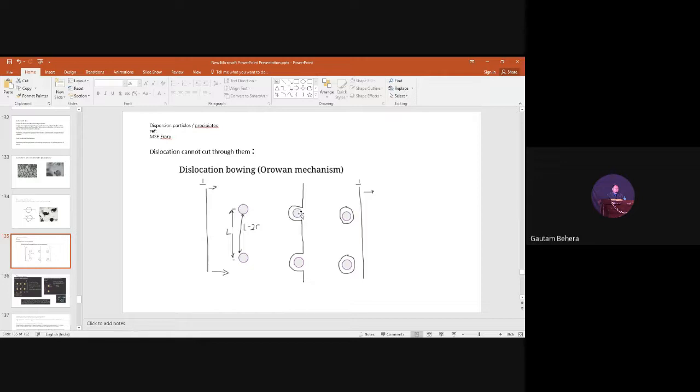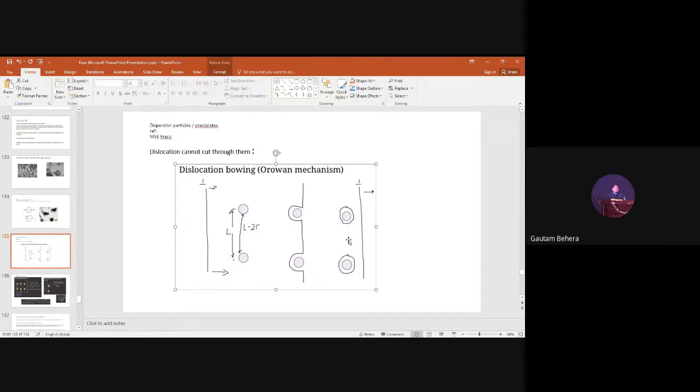The particle size is bigger, so the dislocation is bowing around the particle, and finally it is forming a loop, and the dislocation comes out. And the dislocation again will glide easily in the material. But the result is what you can see. The distance between the particles is decreasing now. Why? Because of the formation of a loop.